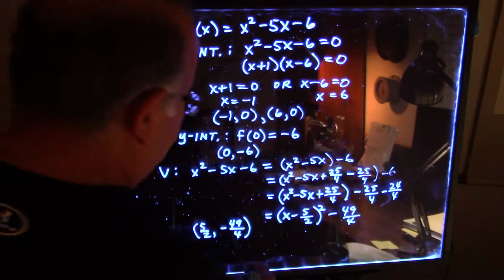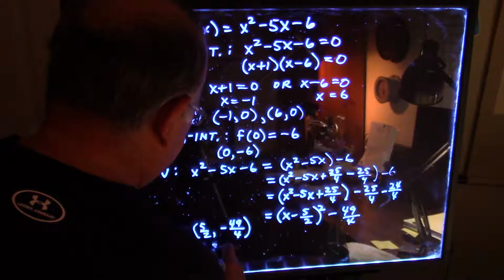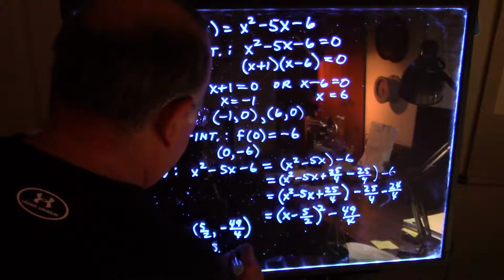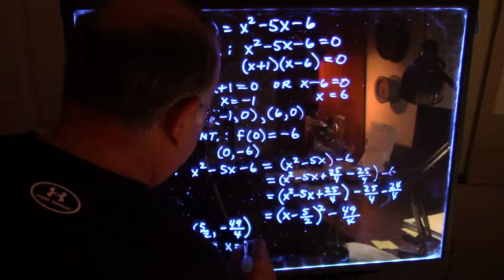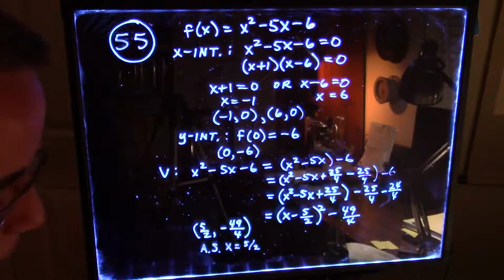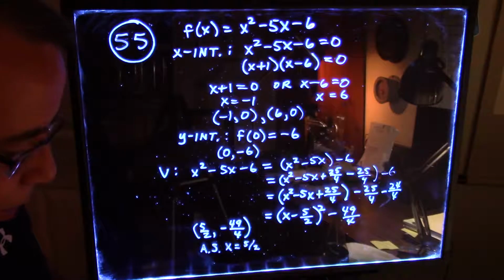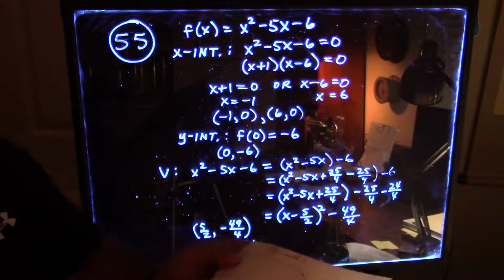And the axis of symmetry, I'll call it AS, is x equals 5 halves. That's the x-coordinate of the vertex. Okay, so there's the information. And now for the graph. Here we go.